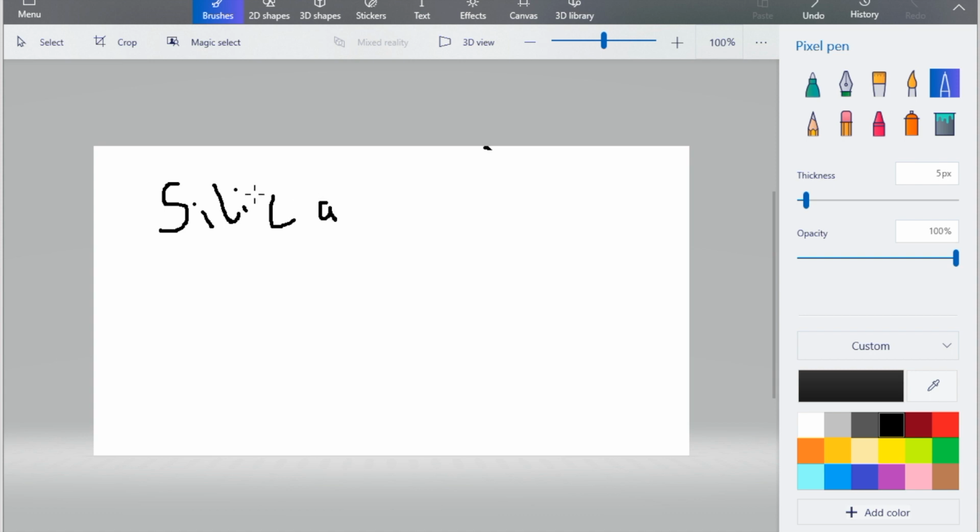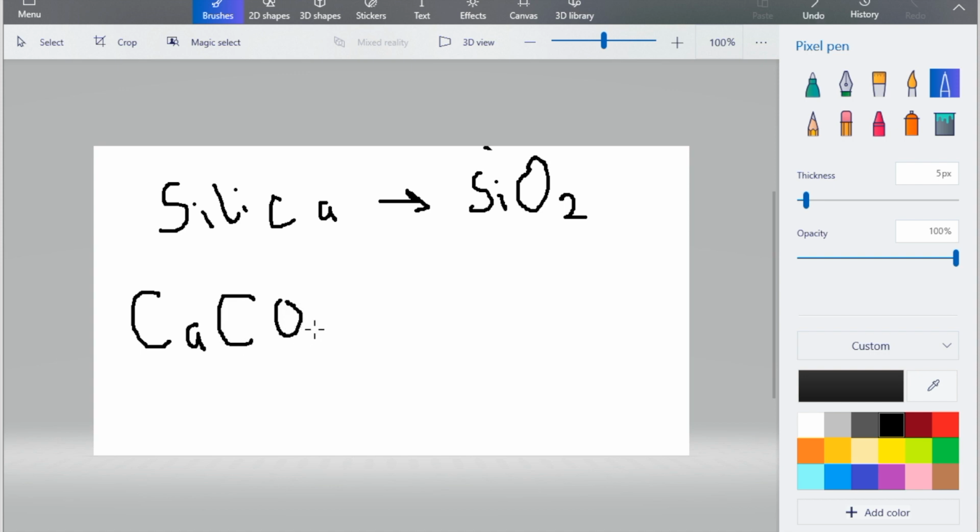That's a funny, cute little name, silica, which is going to be SiO2. Another one is going to be calcium carbonate, which is CaCO3. So these are the two types of sand that we learned today.